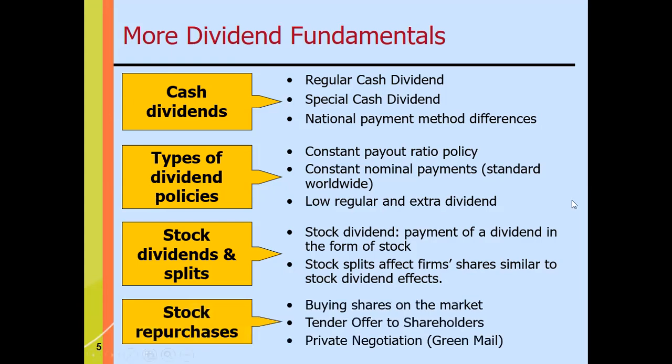Then stock repurchases: this is the case when we buy our previously issued shares on the market, through a tender offer to shareholders, and there can also be private negotiation or greenmail.